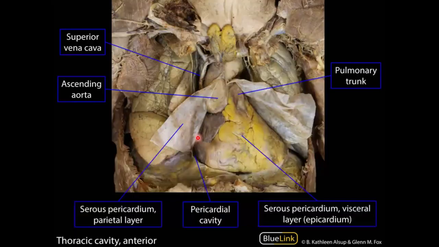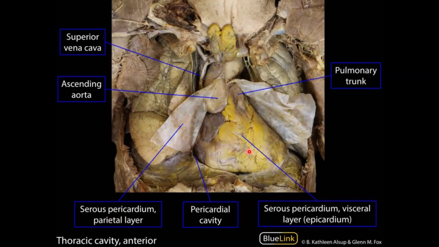When we cut this fibrous pericardium of ours, lining the inner surface of the fibrous pericardium is the parietal layer of the serous pericardium. The serous pericardium has two layers: a parietal layer lining the inner surface of the fibrous pericardium, and a visceral layer which lines the external surface of the heart.